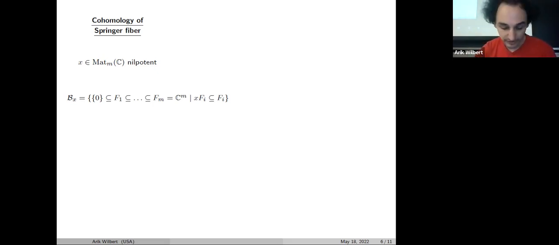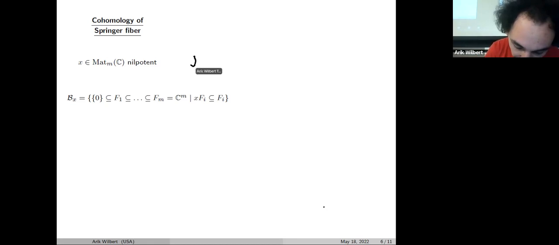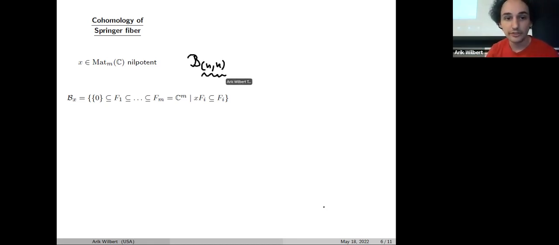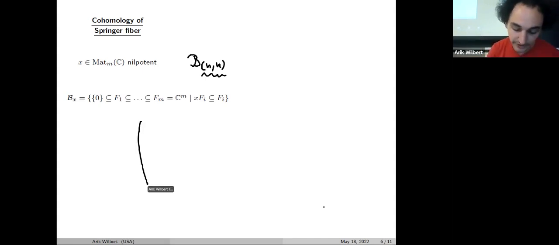So maybe, before I move on, let me introduce some more notation here, because if you recall, on the previous slide, I had this guy. So the question is, what does that mean? What actually happens here is if you look at nilpotent matrices, right? In linear algebra, we learn how to classify nilpotent matrices up to conjugation, and they're actually given by the Jordan normal form.